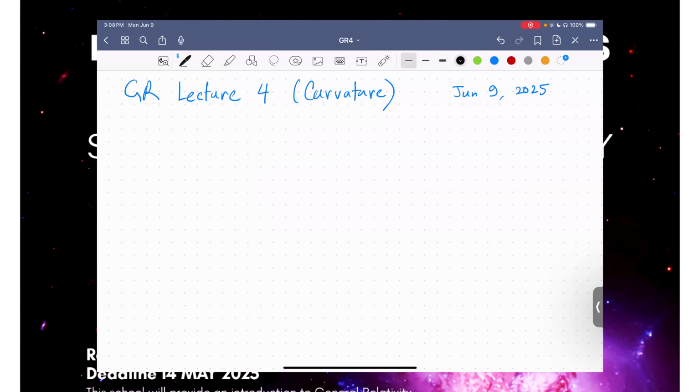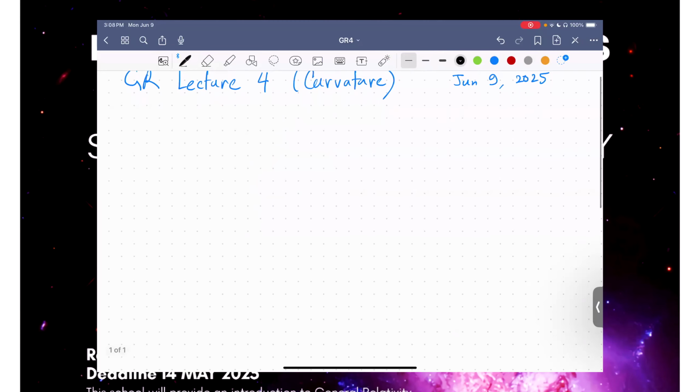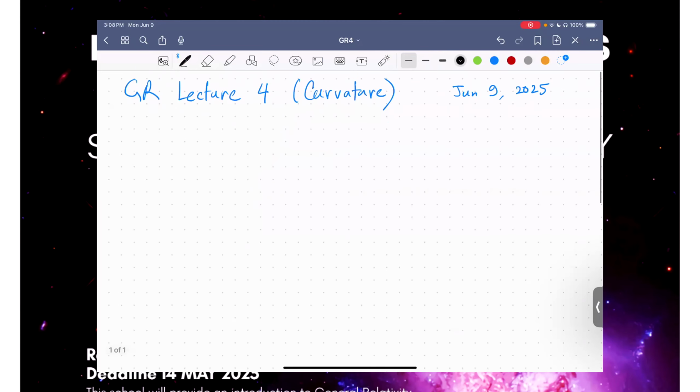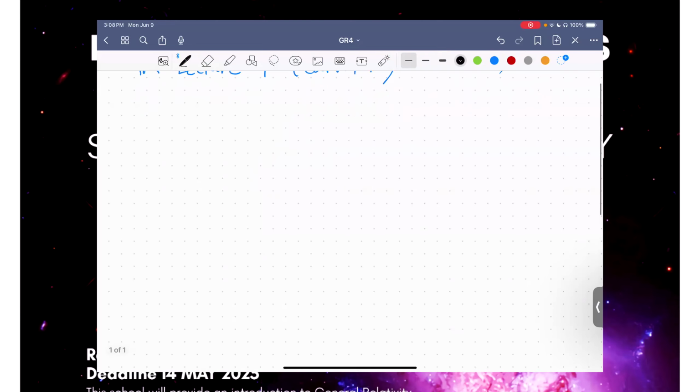So let's try to make these pictures that we have been drawing more precise. What we want to do is start at some point of our manifold, and suppose that in our manifold we have two vector fields.